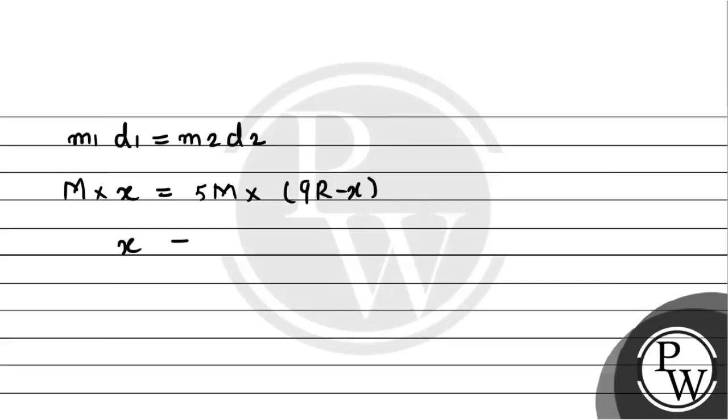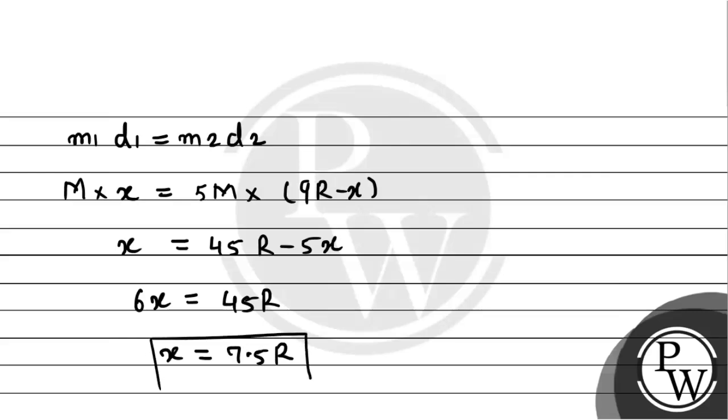From here we get x equals 5 nines are 45r minus 5x. So 5x will go to that side and become 6x, which is equal to 45r. On dividing by 6, we get x equals 7.5r.